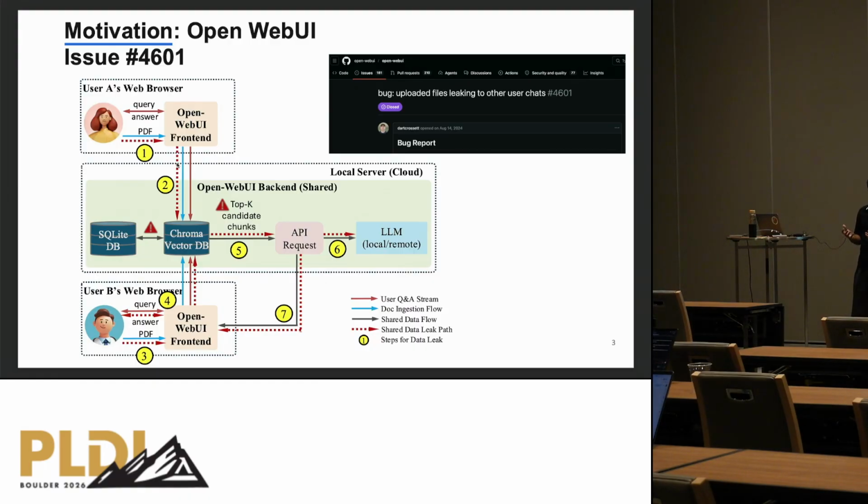It does not get anything from the PDF of user B. So what it does is get the top candidate chunks, and it actually includes the data of user A. It then creates a prompt with those embeddings to send to the LLM model, and the LLM model returns a response that is forwarded to user B. So basically user B gets the response for user A, which is not supposed to happen.